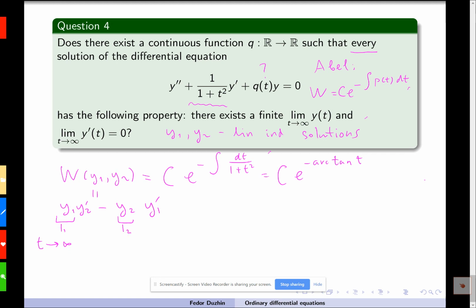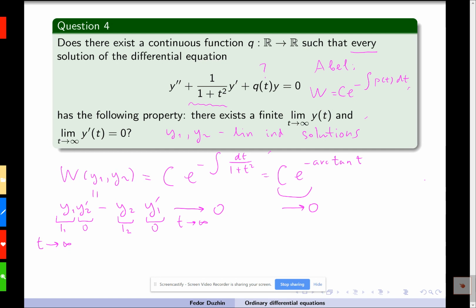The limit of y2 prime as t goes to infinity is 0, and the limit of y1 prime as t goes to infinity is 0. Any number times 0 is 0, which means that the limit of the Wronskian as t goes to infinity is 0. So no matter what the linearly independent solutions are, according to this property, the limit of the Wronskian is always 0.